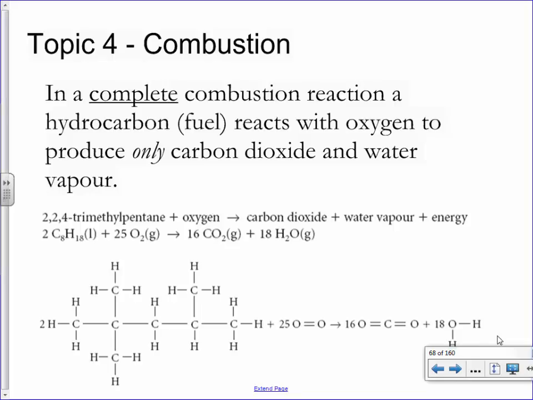So when you first learned combustion in grade 10, it's overwhelming. So to keep things simple, we said that a hydrocarbon reacts with oxygen, makes carbon dioxide and water. Although that is true, that's not the whole truth. Think about making a fire in your backyard. It's starting to get nice out.